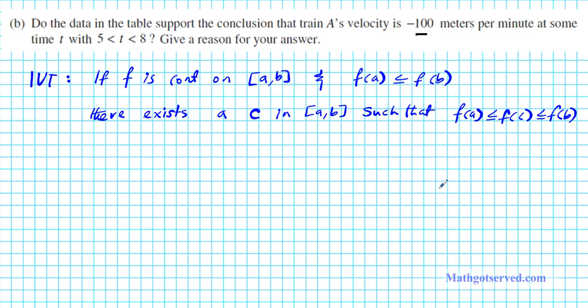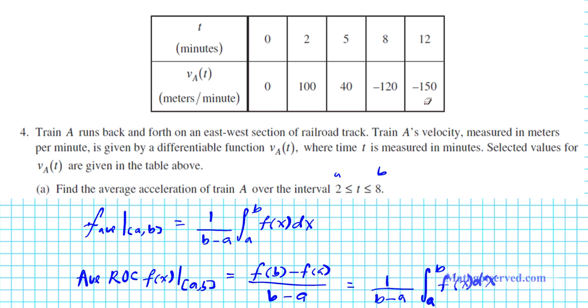Okay, so in this situation, we know that the target value is in between the two extreme values. Let me show you what those boundary values are. If you look at the table, this is 40 for 5, and then negative 120 for 8. So negative 100 is clearly inside this interval.